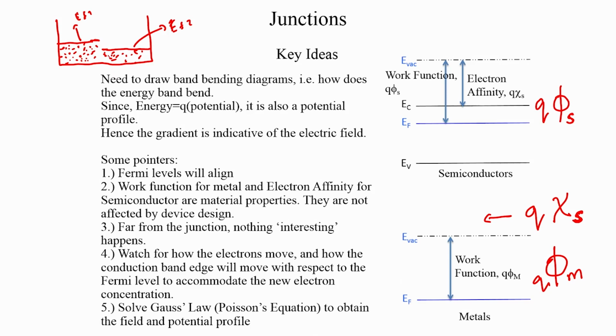The electrons or water molecules will flow until the water level is the same in both buckets. So in this case water molecules have transferred from there to here in order to make the water level the same. You will not end up in equilibrium with a difference in the water level in space.